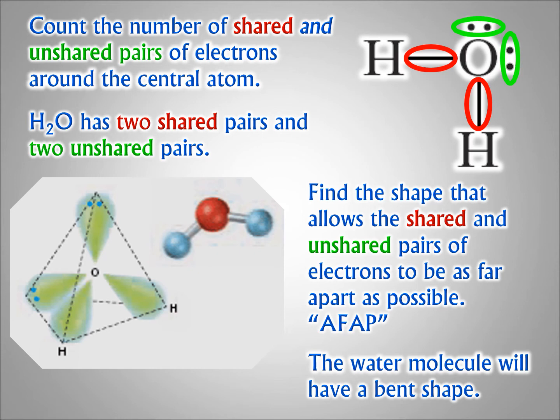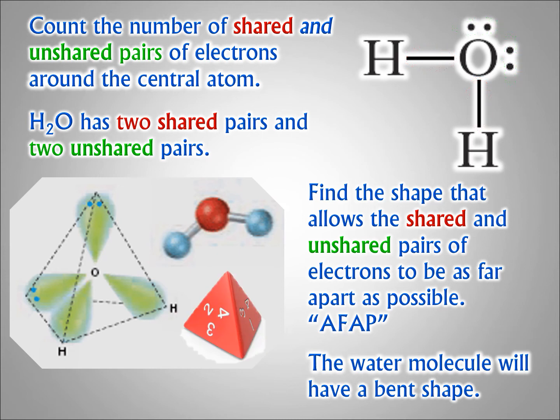Well, those are the other pairs of valence electrons. But isn't that still an octet? Isn't that still four pairs? And didn't we just see that four pairs can be farthest apart when they have a tetrahedral form, like the four-sided die. So actually a water molecule is still kind of a tetrahedron.